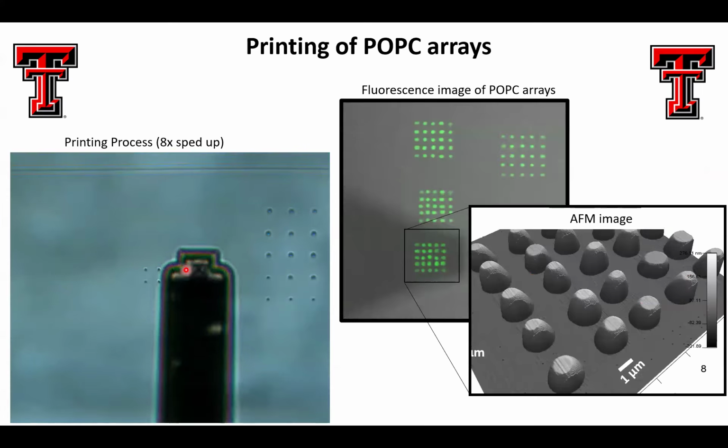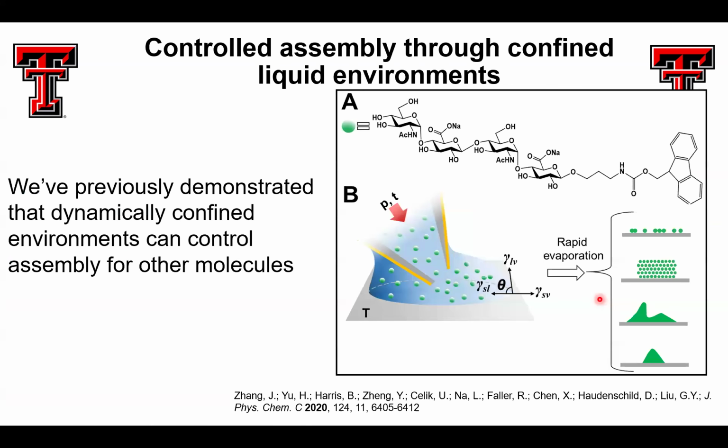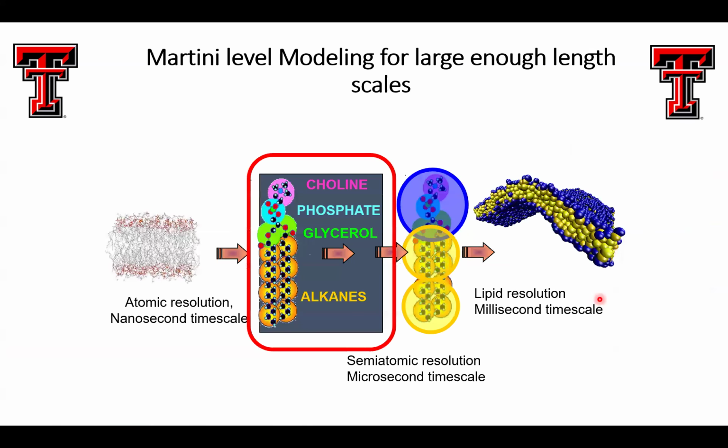So they do this in experiment, and then they dry it, and then they get these kinds of structures. We choose the Martini level. So this is how a lipid is represented. You have 12 beads for a phospholipid.